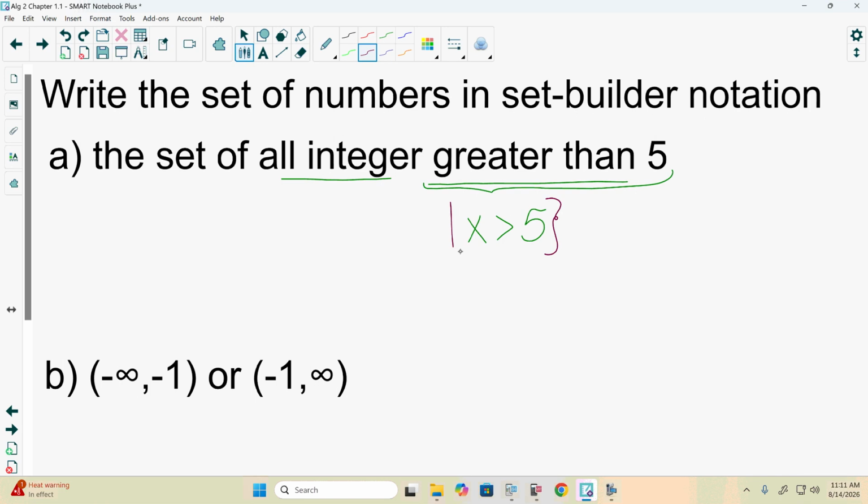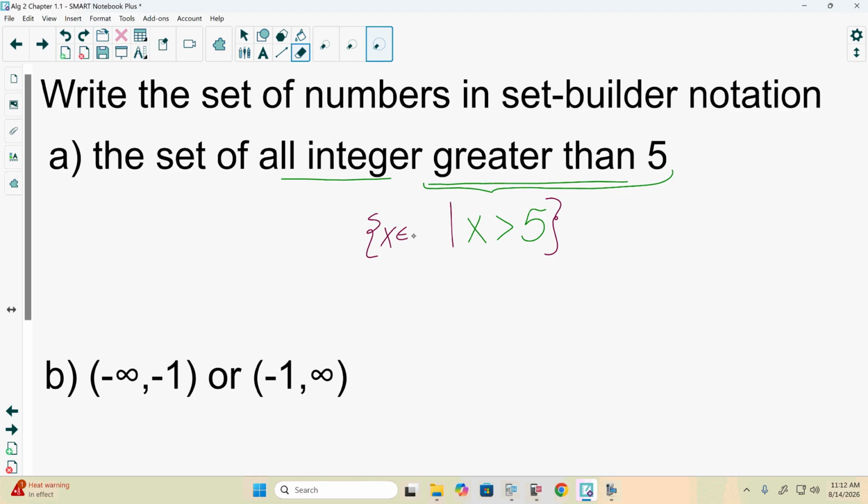We got the description, we can put the bar in. Now we just need to describe the types of numbers. If this had said all real numbers, it doesn't. If it did, all we do is brace x bar, if it was real numbers. But since it's not talking about the real numbers, all we have to do is make one little change.